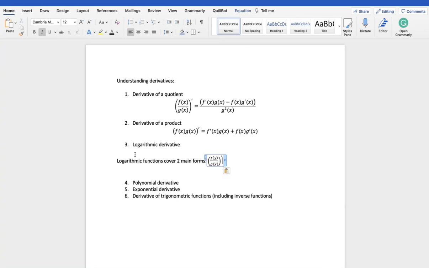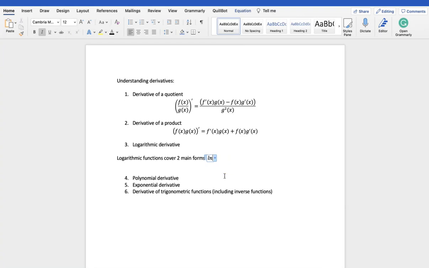The first form is when you have the natural logarithm. So you have ln of some function f of x.